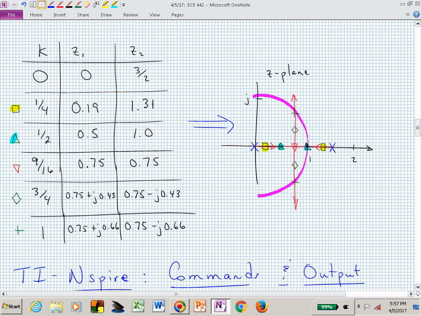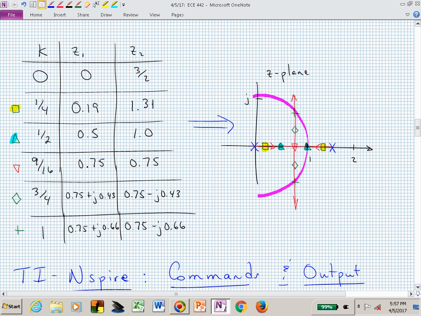Now, can we just crank up k to infinity and remain stable? Do our branches always remain inside the unit circle as we increase k? And hopefully this diagram illustrates no, they do not. Now you can see that in fact they actually leave, and I actually think they leave at the plus sign.